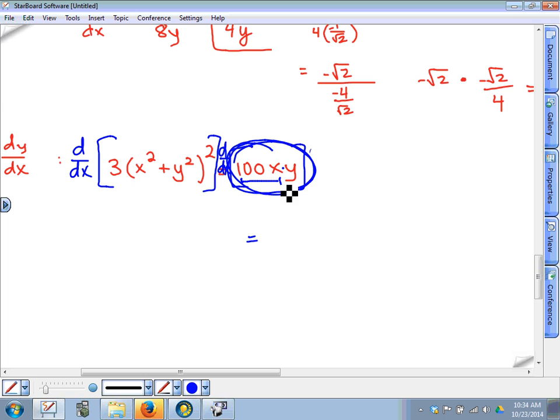And we're going to call 100x the f function, and y is the g function. So what's f prime times g? So it's 100 times y plus 100x dy dx.